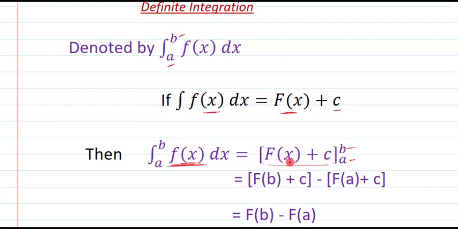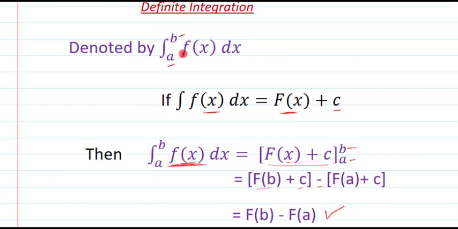So let us replace this x with b first, that is the upper limit. So we are getting F(b) plus c, because c is a constant, so no change on c, minus applying the lower limit, that is replacing x with a. So we are getting F(a) plus c. Now on simplifying, we are getting F(b) minus F(a).